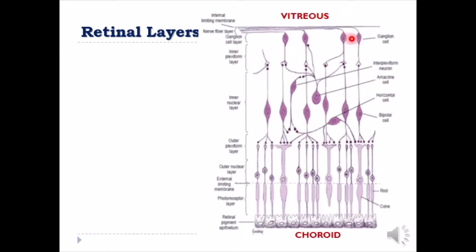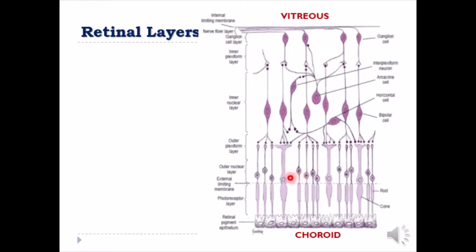This is the ganglion cell layer, and this ganglion cell layer transfers into the nerve fiber layer. So the light energy which starts from here as light, through the processing between these cells, becomes neural signals by the time it reaches the ganglion cells, and these neural signals are transferred into the optic nerve and go out of the eye.